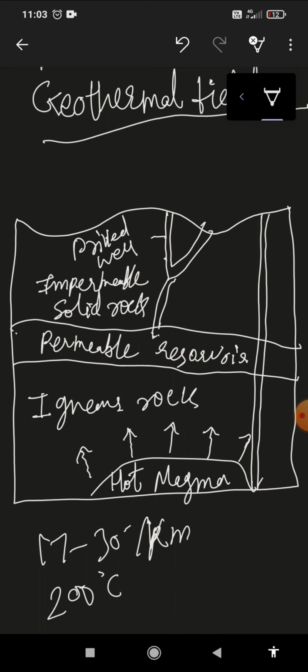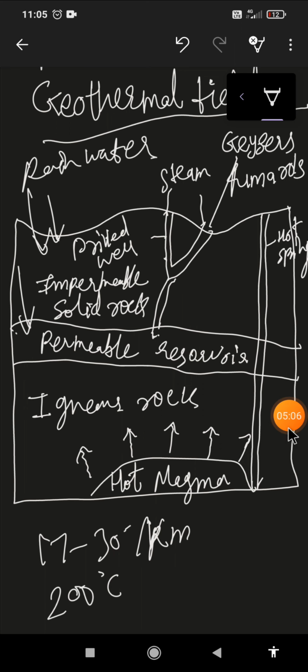Groundwater finds its way down to this rock through fissures, and it is heated by the heat of the rock or by mixing with the hot gases and steam coming out of the magma.